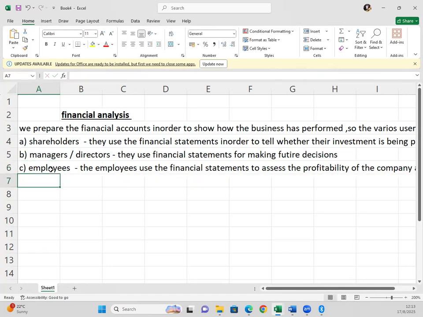It's also a basis for advocating for higher salaries and wages.